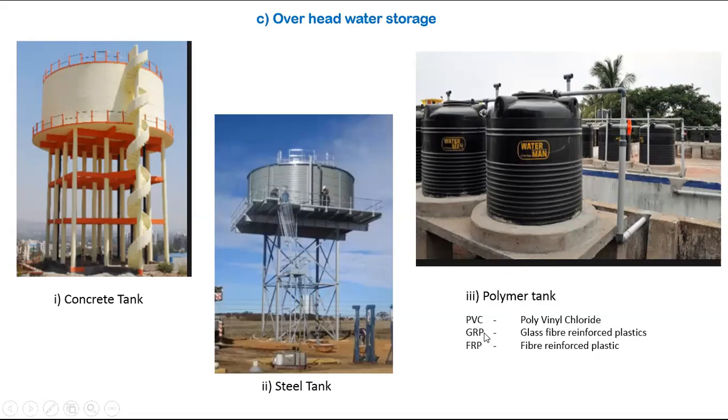PVC, polymer, GRP. GRP and FRP are temperature resistant. Why we are using GRP or FRP is because it is temperature resistant. GRP, glass fiber reinforced plastic, has more temperature resistance than PVC material.